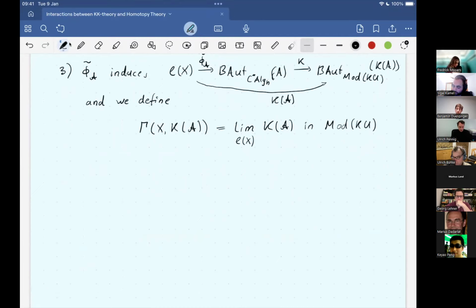Right, okay, so that's the homotopical picture of twisted K-theory.